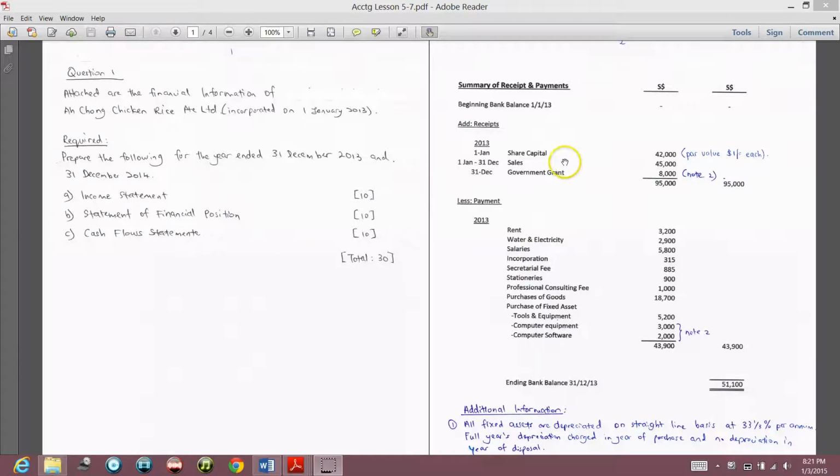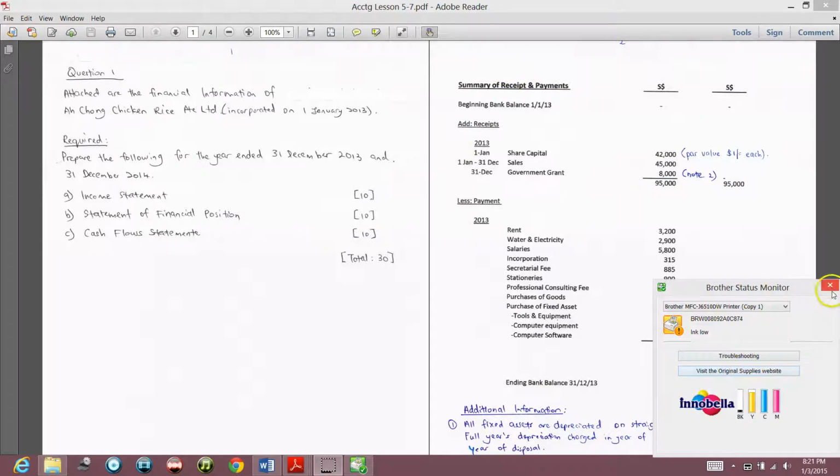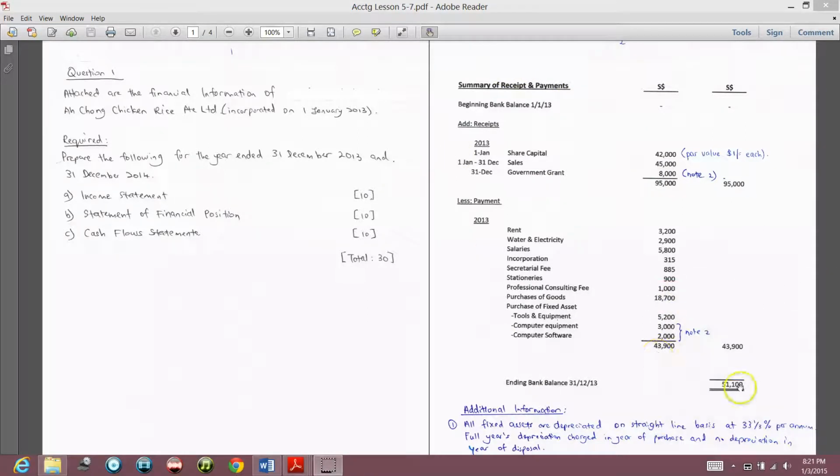This is actually a cash flow statement in layman's terms, for a layman who does not really understand accounting. They will do a cash flow statement like this. Cash flow means a statement, a layout of all your money coming in and money going out.